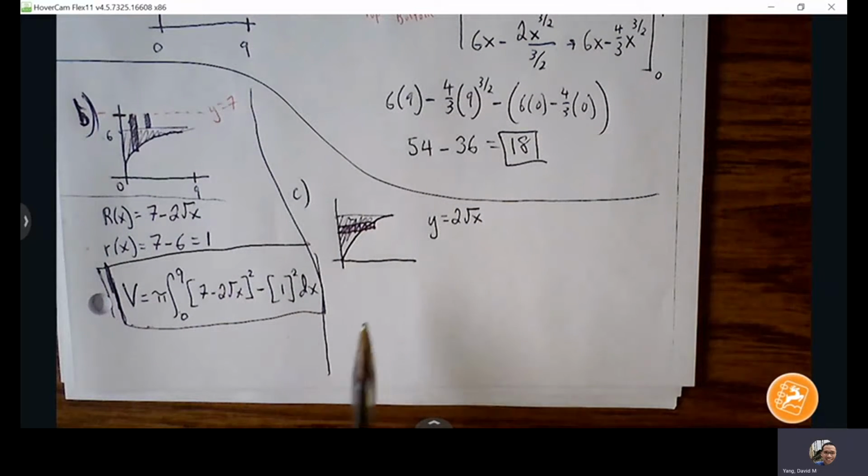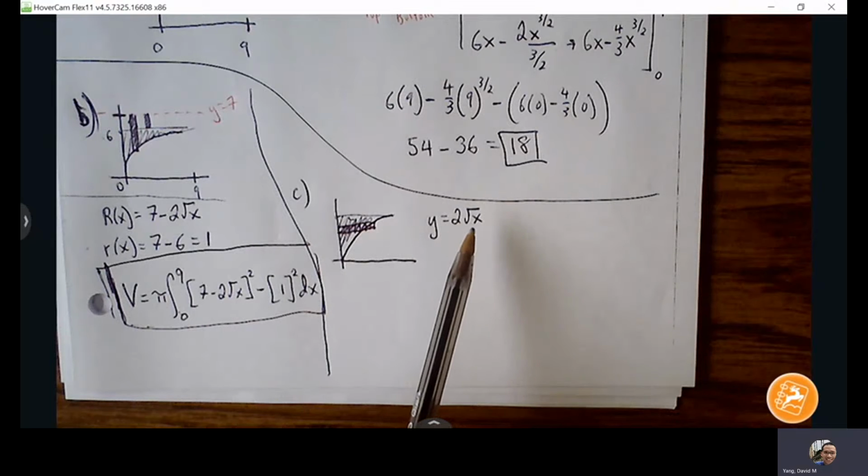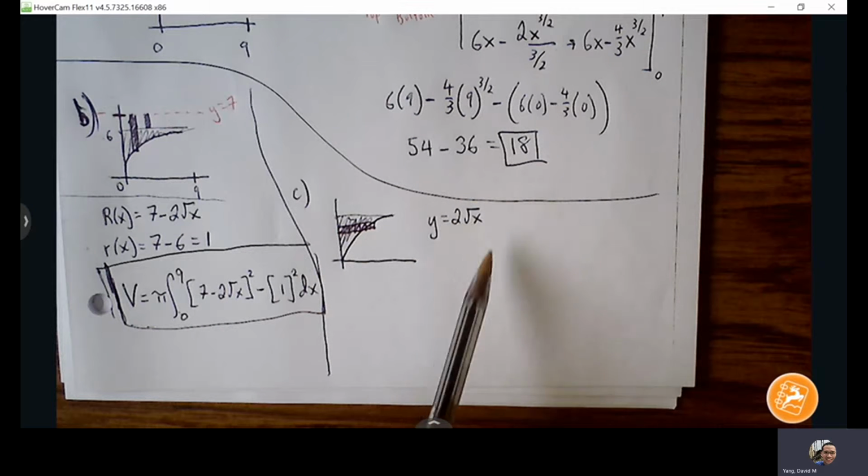So y equals 2 root x is talking about the curve, but it's not in the correct form. You've got to get that x by itself, so divide by 2, square both sides.